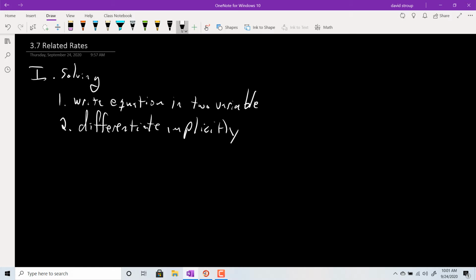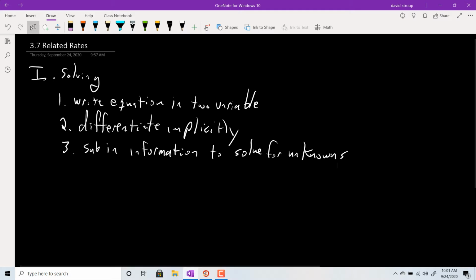Once you differentiate implicitly, you're going to have all these derivatives floating about, and that will be the related rates formula. And in the third step, sub in information to solve for unknowns. Okay, it's pretty simple.